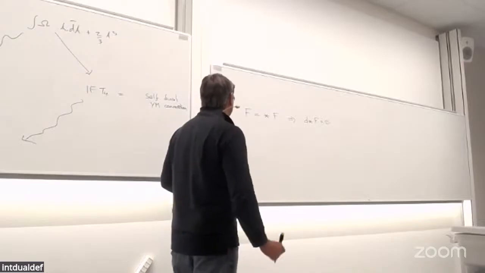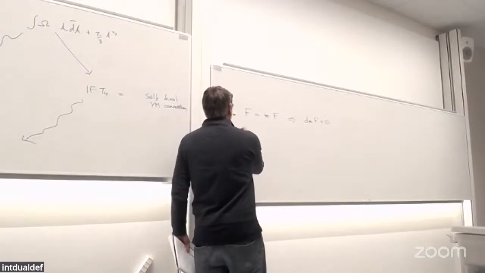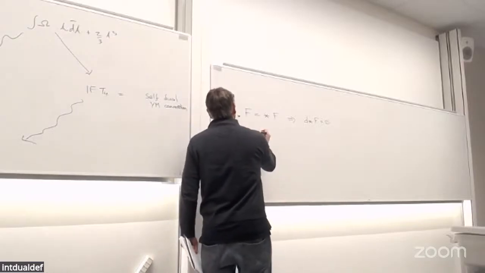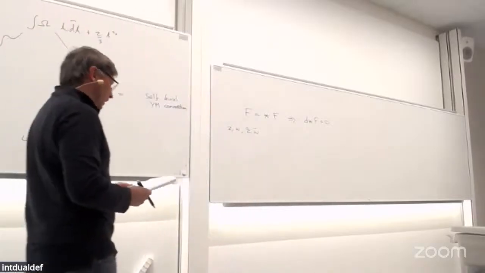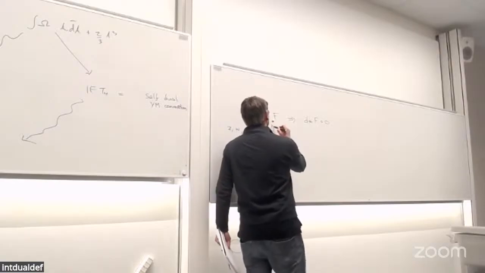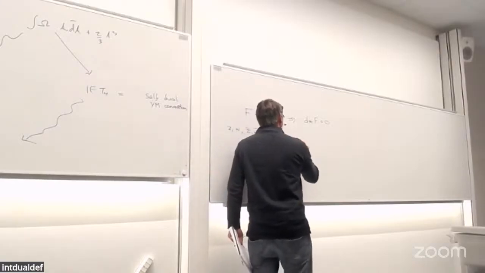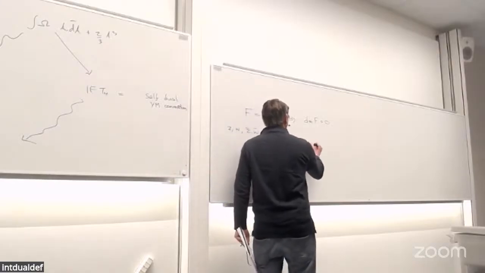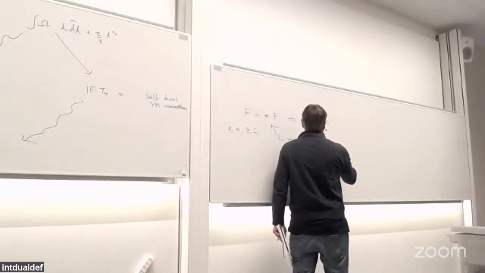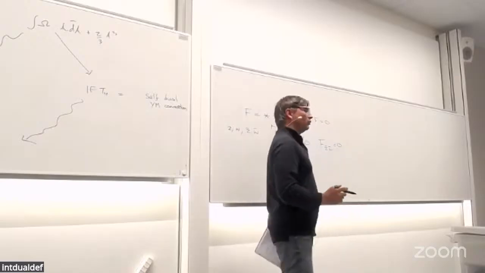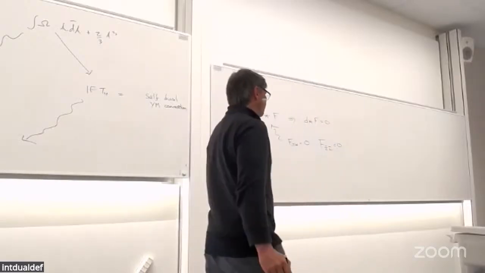Okay, so let's just put some coordinates on R4. So everything here is going to be on R4. And let's look at what this equation is. It tells you that the holomorphic part of F must vanish. The anti-holomorphic part of F must vanish.